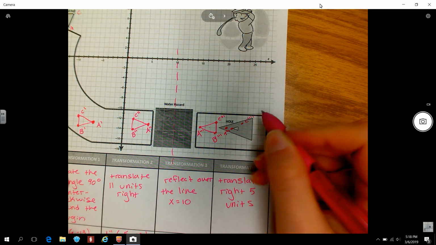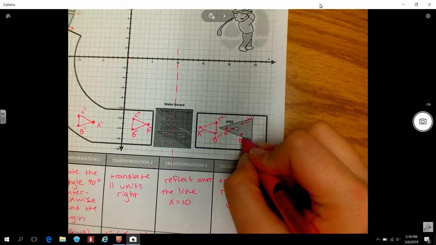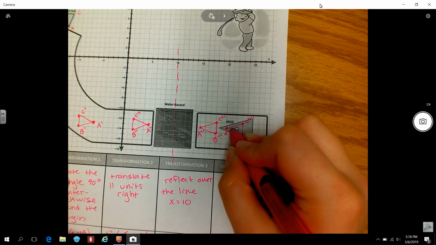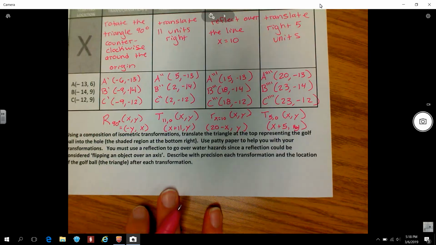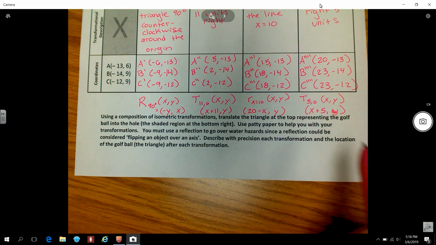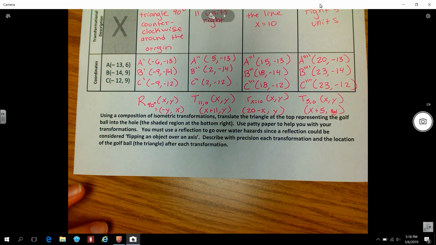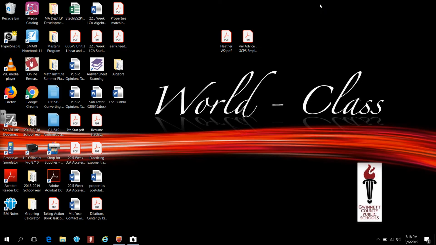And there's my triangle, so that would be all of them. Another thing that I would suggest doing is being able to write all of these together in the correct order that you did them.